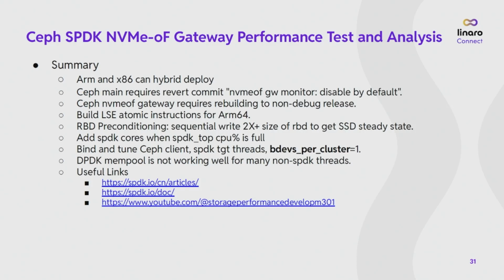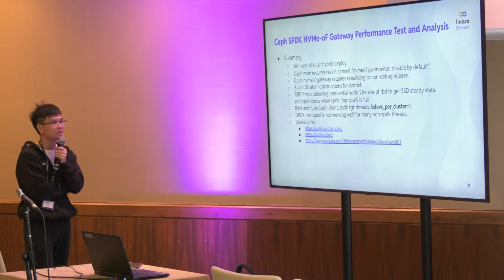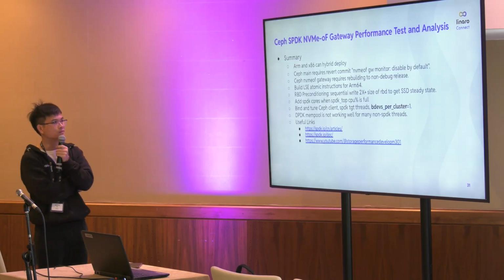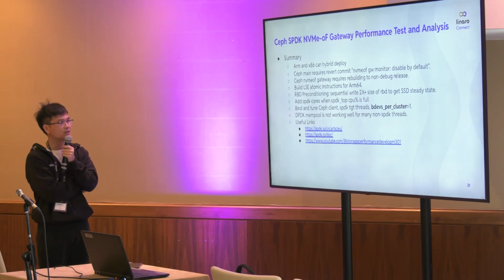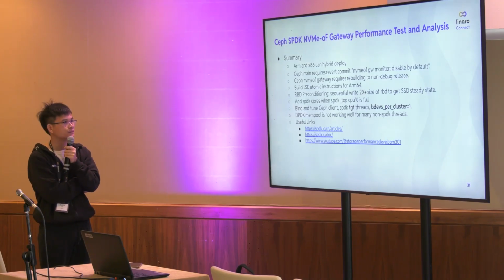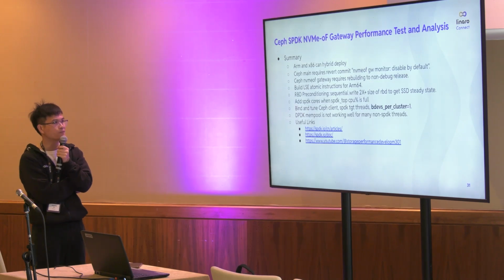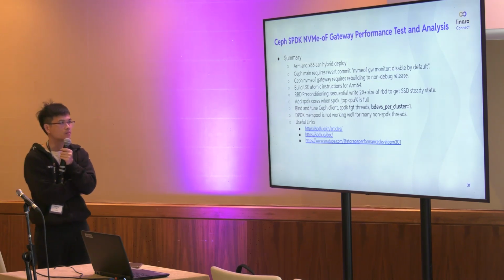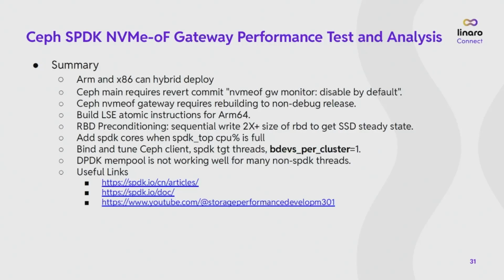And we also need to add more SPDK cores when the CPU usage is full. Also need to bind the Ceph client threads. And most important is that the DPDK memory pool is not working well for many non-SPDK threads.